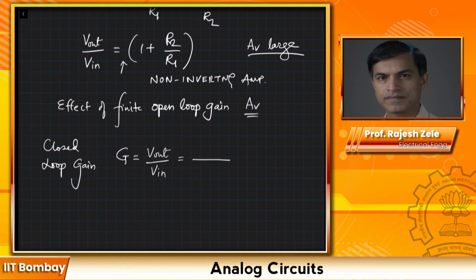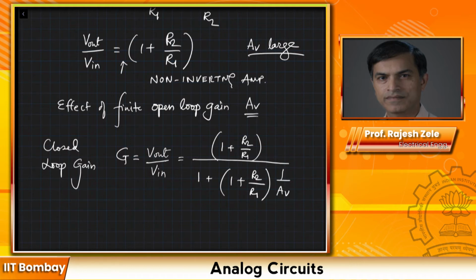So what you will see is the expression for the gain looks very similar: R2 divided by R1. So this would be your non-inverting gain, and in the denominator a similar term appears, which is 1 plus R2 divided by R1 and the reciprocal of Av here. So the same way, if we want to keep this closed loop gain independent of Av, then Av has to be much greater than 1 plus R2 divided by R1.